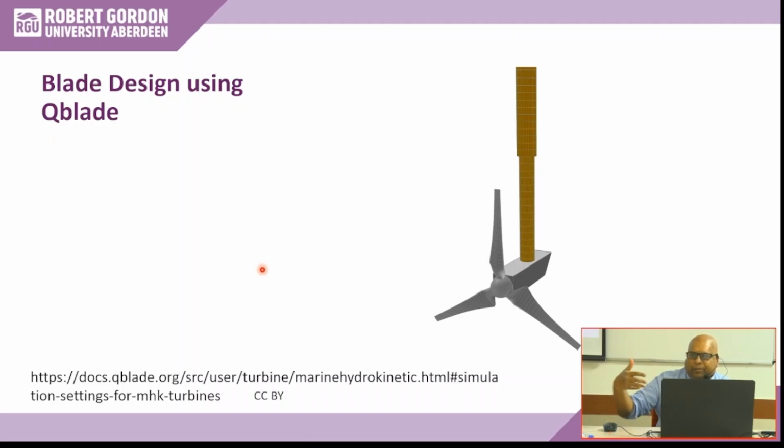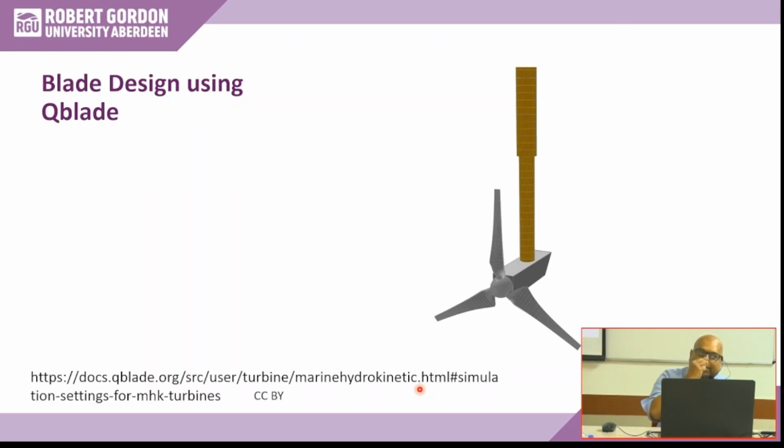You give your conditions, and that will design the blade. Again, you can see that here your chord length reduces. This is the maximum chord length. As you go along, chord length reduces, and there is a twist here, the highest twist here, and the twist angle gets reduced. You can have a blade without twist also to start off with.